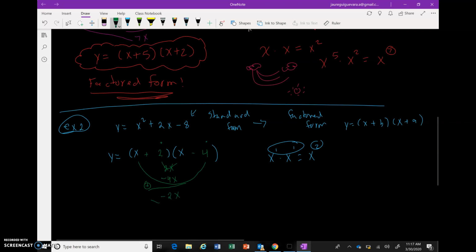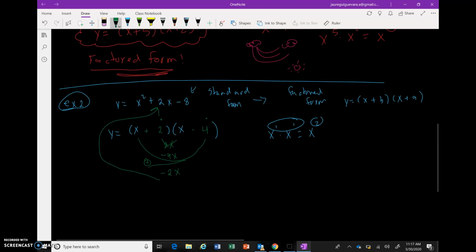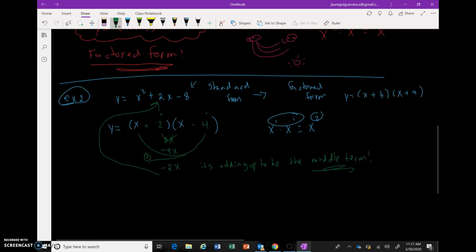Now is that -2x? Is it, guys? I don't think it is. So it's not adding up to be the middle term. So try switching that sign right there and this sign right here.